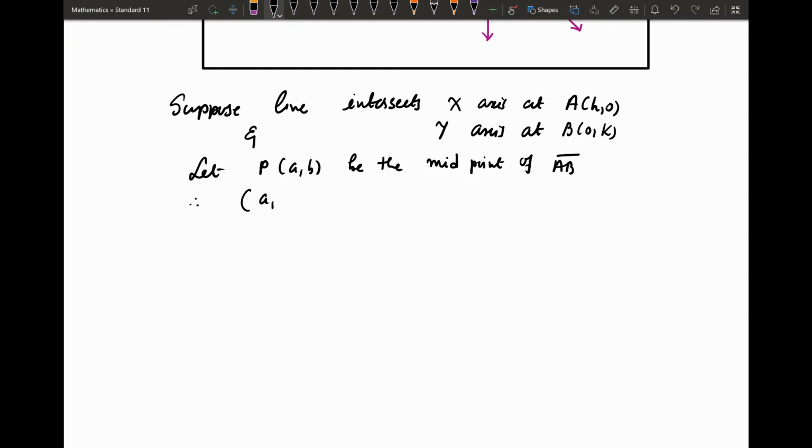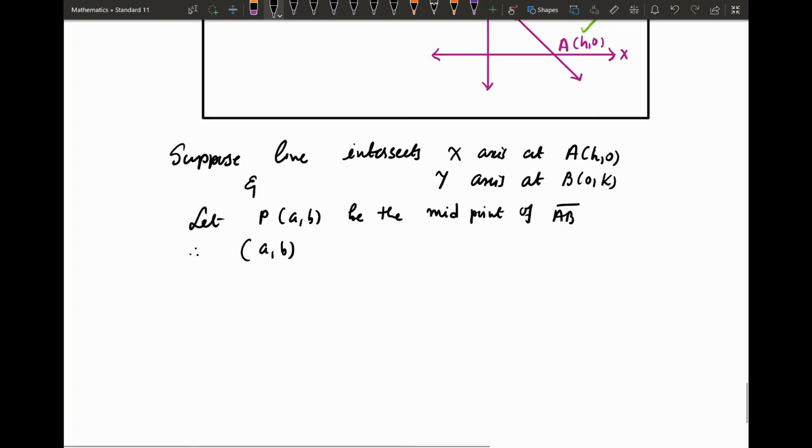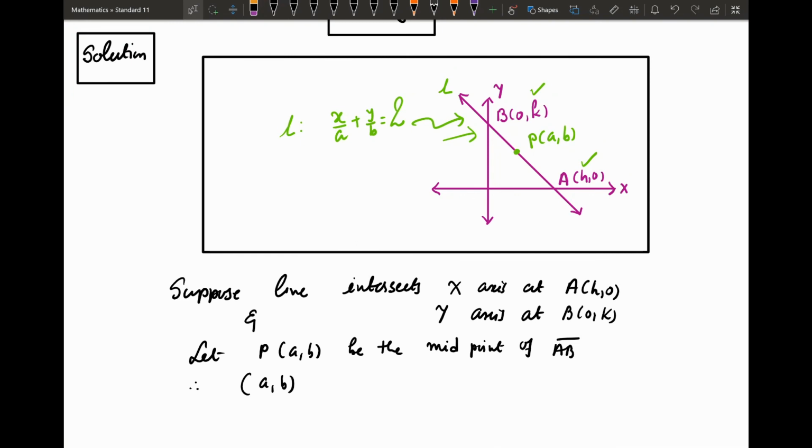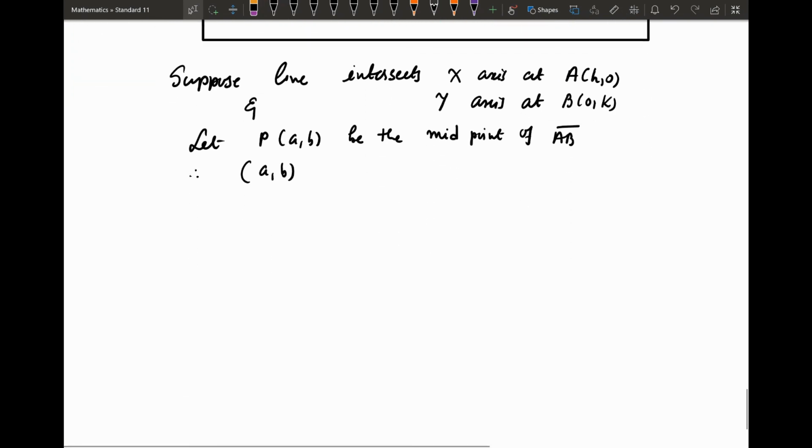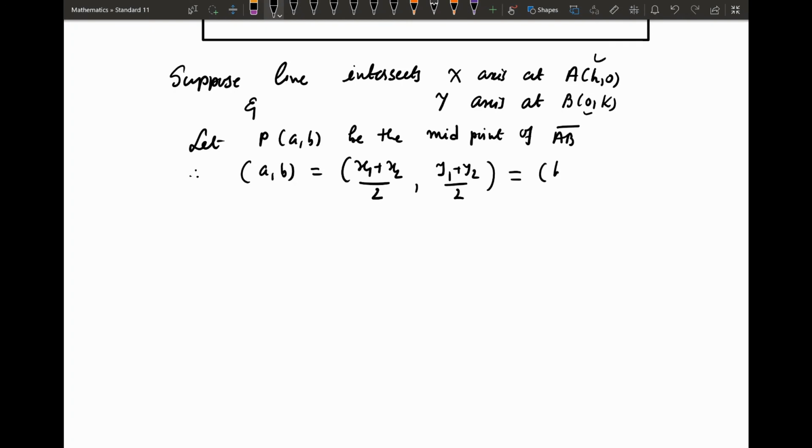So the coordinates of the midpoint of A(x1, y1) and B(x2, y2) are given by ((x1 plus x2) by 2, (y1 plus y2) by 2), that is (h by 2, k by 2).